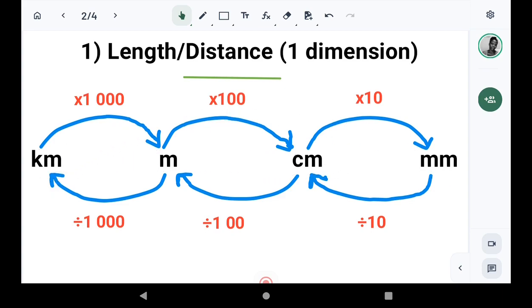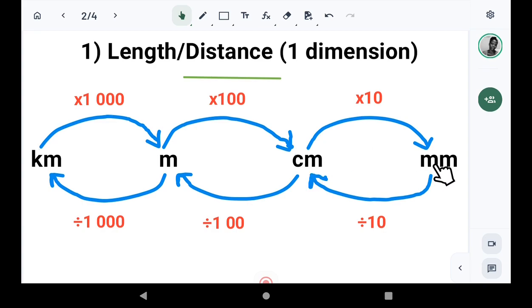Now let's go to when you're converting from a smaller unit of measurement to a bigger one. Notice that the factor that you use to divide is the same factor that you use to multiply. For example, if you want to convert from millimeters to centimeters, you divide by the same factor of 10 that you multiply by when you're converting from centimeters to millimeters.